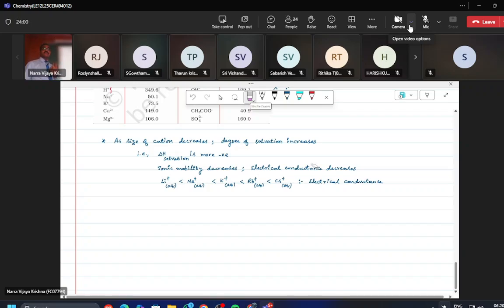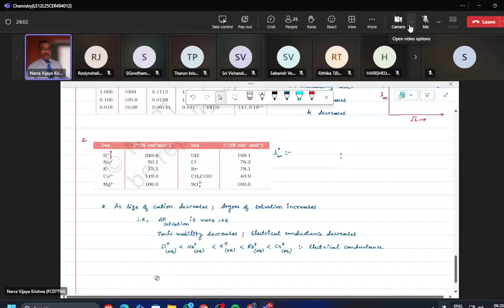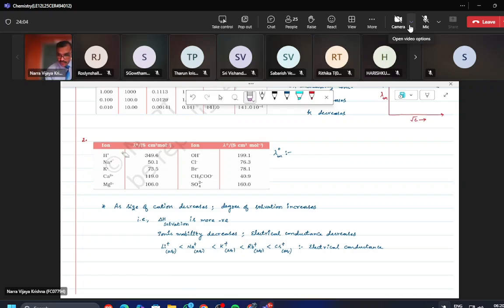Is it clear? Any questions in it? So I am writing that point. Very, very, very important point. The conductance of H plus is far higher than all the remaining ones. The reason for this is the Grotthuss effect.